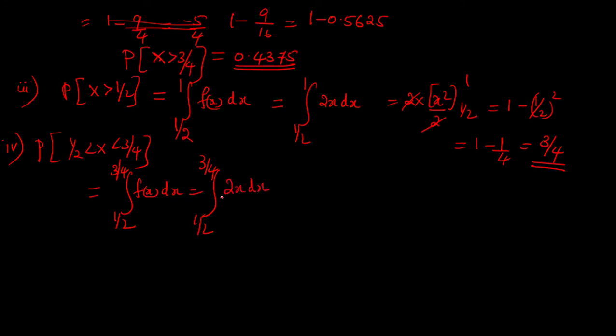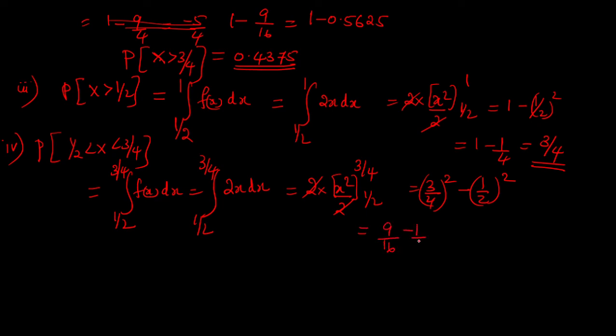Therefore it becomes integral 1 by 2 to 3 by 4 2x dx. Taking the integral and putting the limits, 2 into x square by 2, then the limits 1 by 2 to 3 by 4. 3 by 4 the whole square minus 1 by 2 the whole square. Nine by 60 minus 1 by 4, which is equal to 5 by 60.